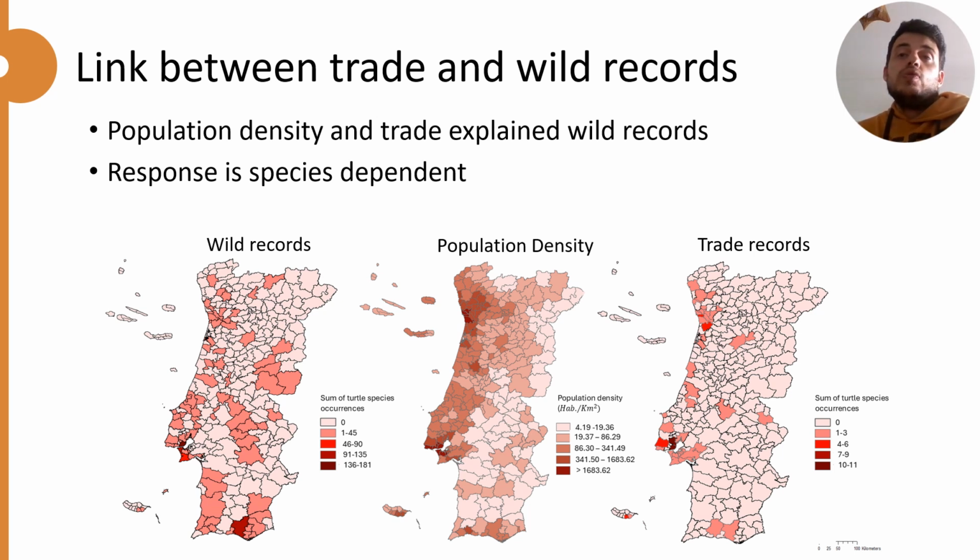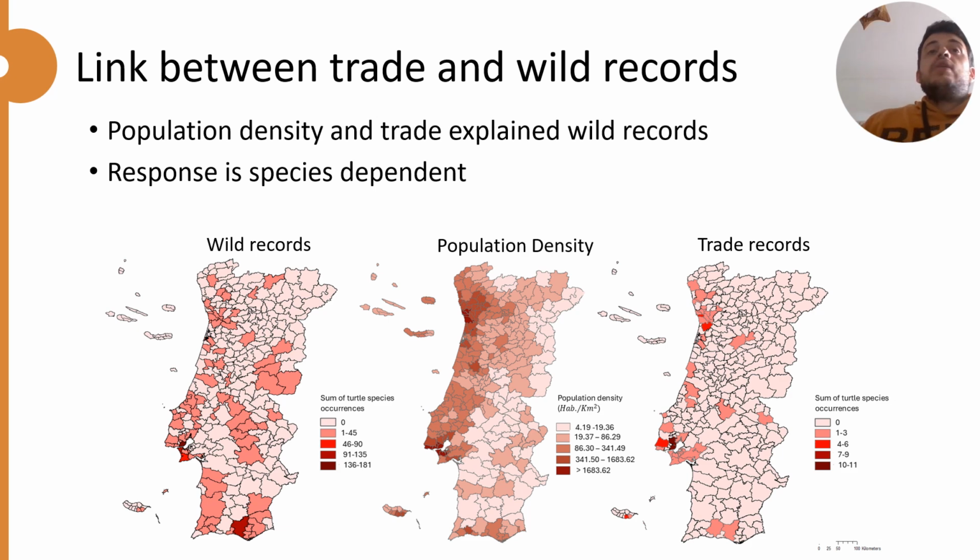Population density is widely described in the literature as having this effect on invasive and exotic species. Trade is not so often described as a variable to explain the records in the wild. But we must take into account that the response was dependent on the species, because for some, for instance, only population density explained the wild records and not trade.